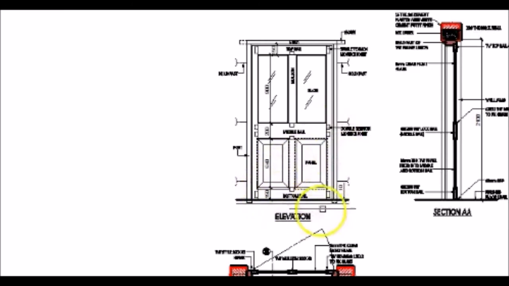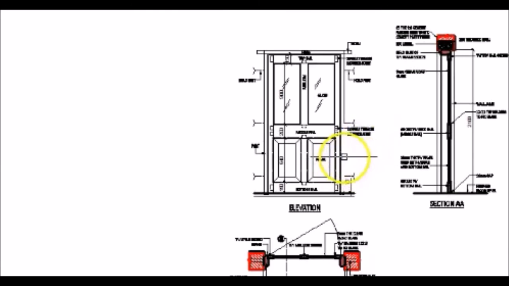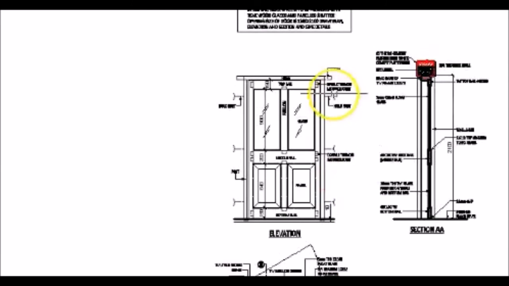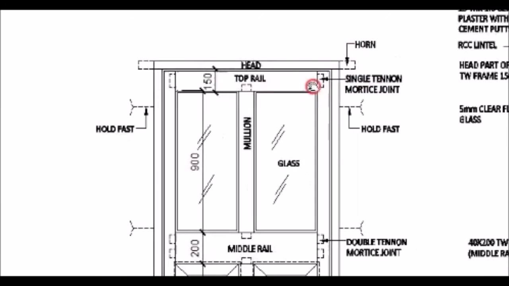So depending upon the size of the members, you can have either a single or double tenon mortise joint. The tenon mortise joint is also provided here at the junction between the post and the head. So you will see that at these two points here and here, you will have a tenon mortise joint.